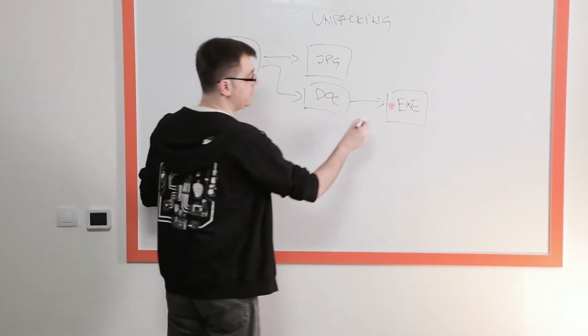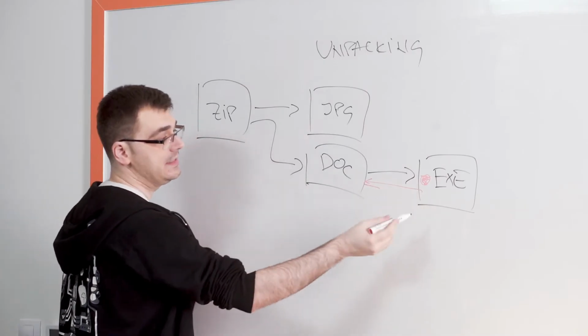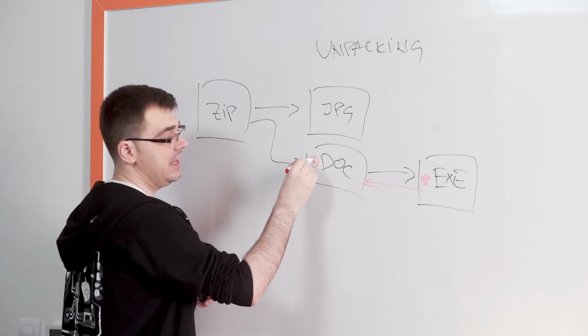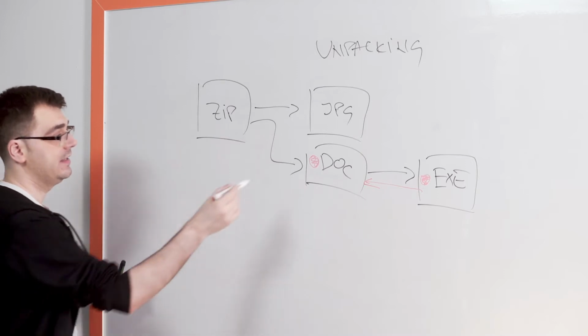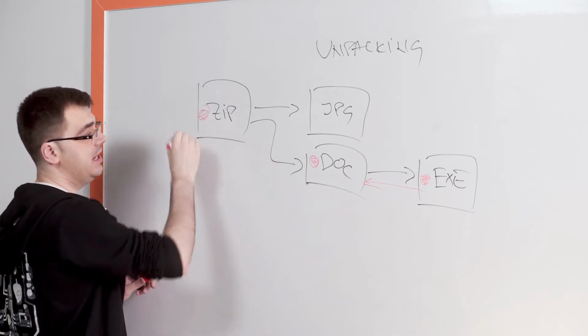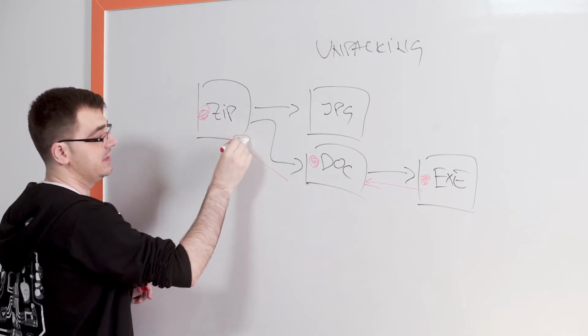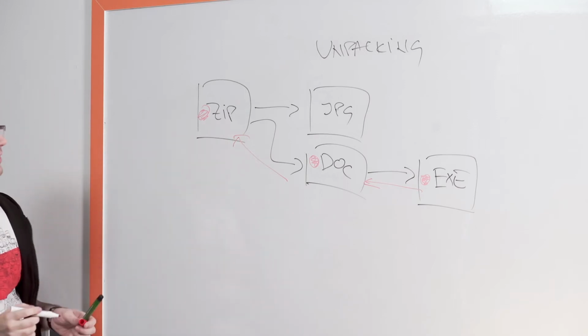And you have to do the backtracing and say, okay, well, since this document contains a malicious file, backdoor in this case, it's also malicious, and since this document is contained within the zip archive, it is also malicious.